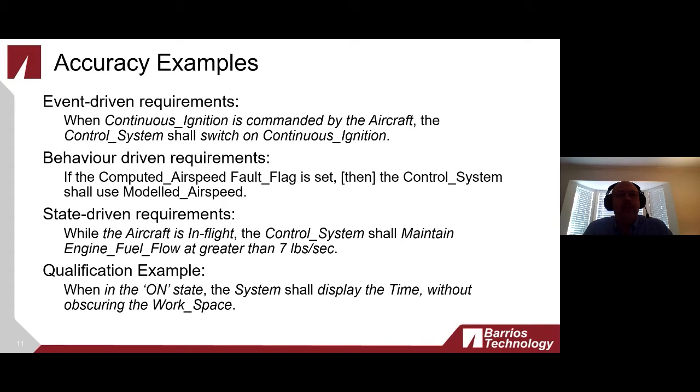And so here are several examples of event-driven requirements, behavior-driven requirements, state-driven requirements, and an example of a requirement with a qualification. So you can do a lot with this structure. It feels limiting at first, but if this is how you write your requirements, you'll be in pretty good shape.